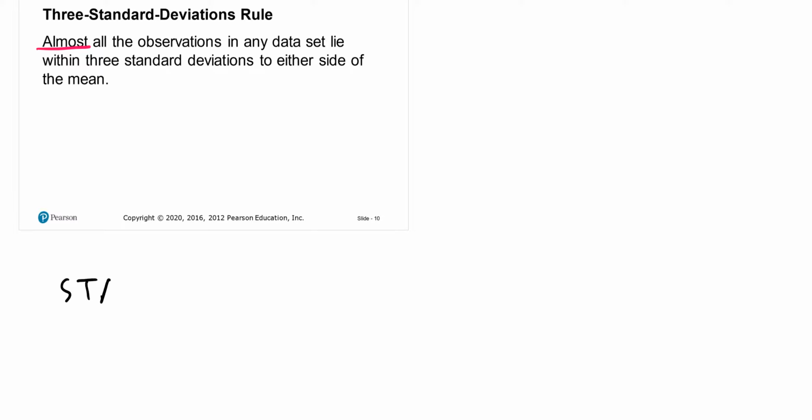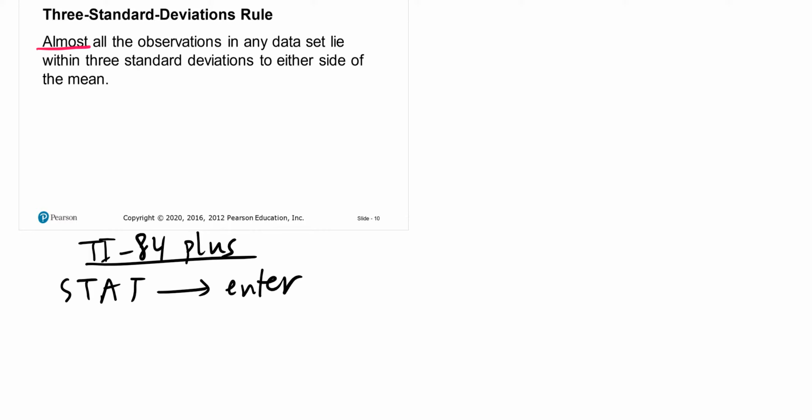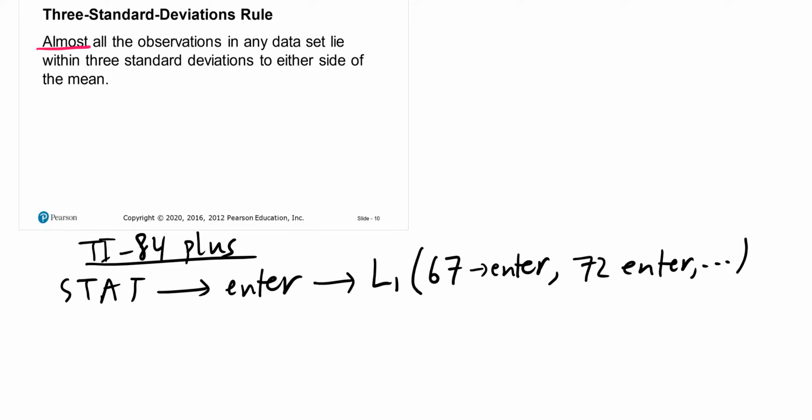This is for the TI-84 Plus. You go to STAT first and hit the enter key. This will take you to lists. Under L1 you enter the numbers: 67, hit the enter key, then 72, enter, all the way until you enter all the data.